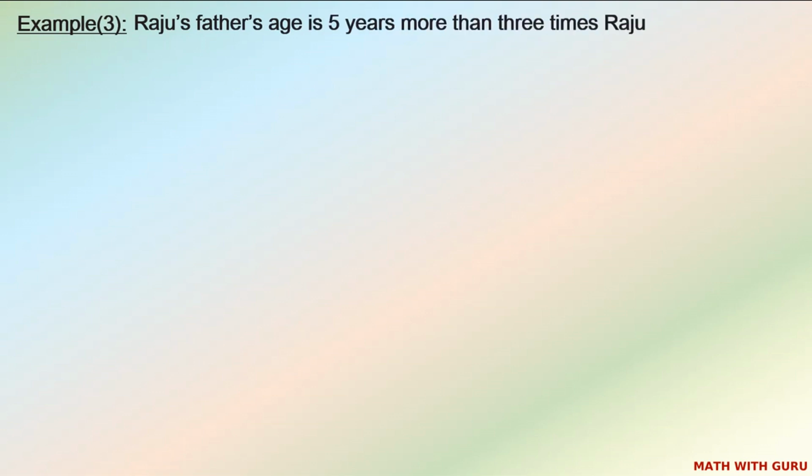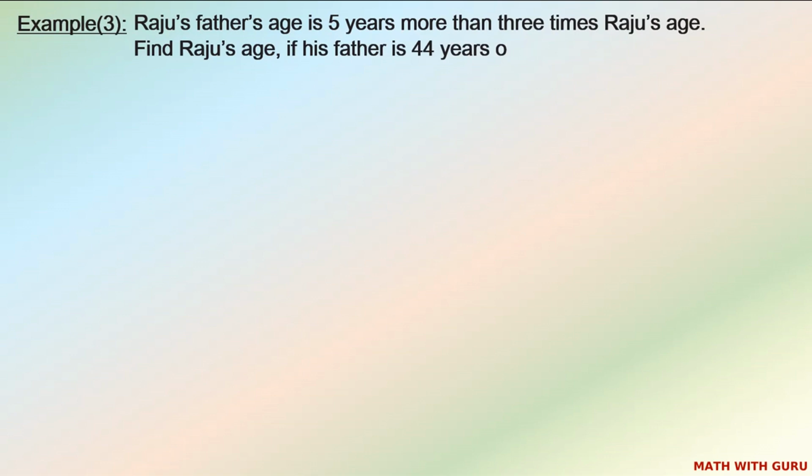Example 3. Raju's father's age is 5 years more than 3 times Raju's age. Find Raju's age if his father is 44 years old. Obviously, Raju is younger than his father.